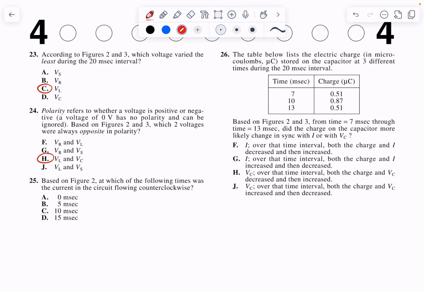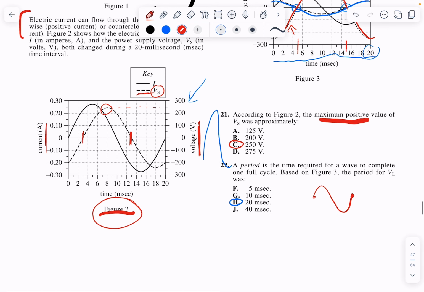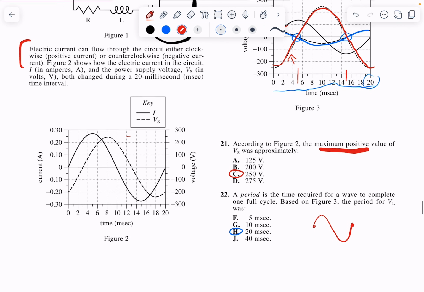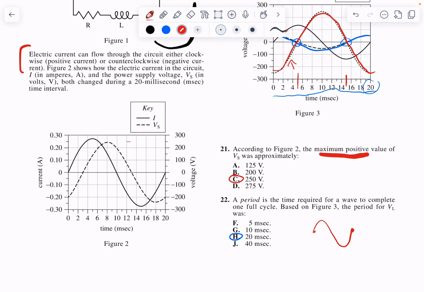25 says, based on figure 2, at which of the following times was the current in the circuit flowing counterclockwise? Okay, so let's clean this up a little bit. So counterclockwise, we can come up here. It tells us that there's a negative current when it's flowing counterclockwise.